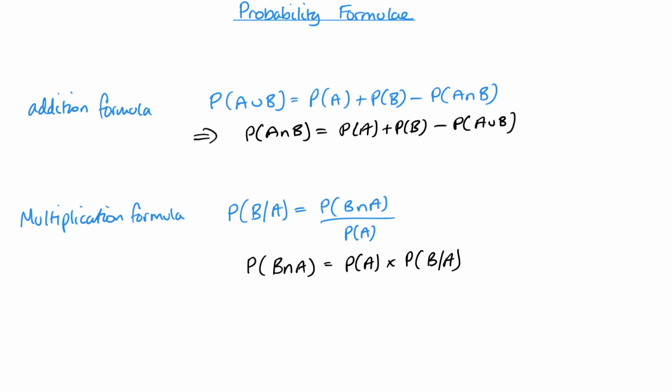This one, in particular its rearranged form, is very useful for finding the intersection from information given to you in a question. You will use this one quite a lot, and I think it's the one you use the most.